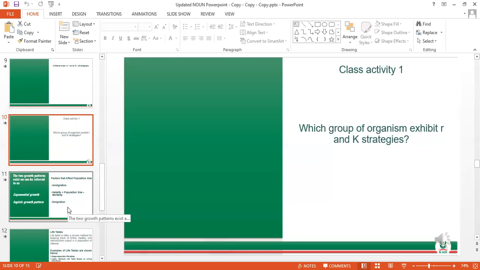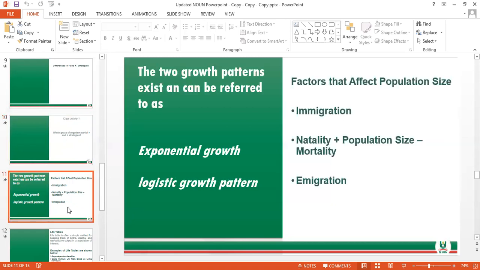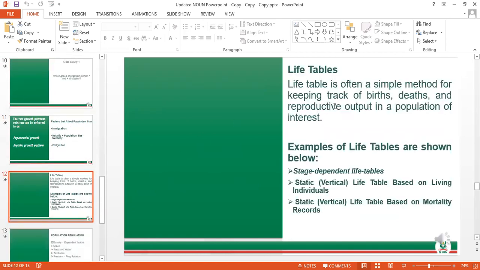All right. Without wasting much time, I already mentioned that there are 2 patterns of growth, exponential growth and logistic growth. These are the factors that affect population size: migration, natality, and mortality, and immigration. And we'll talk about life tables, like we mentioned.